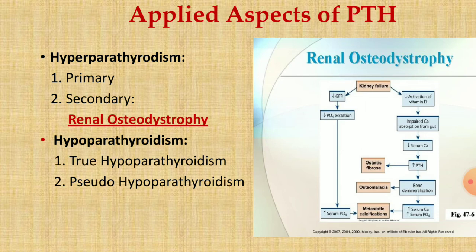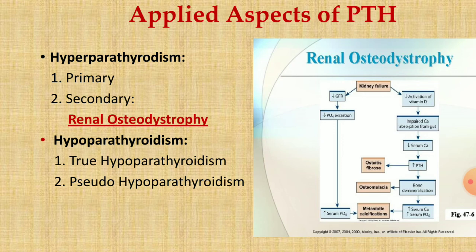hypoparathyroidism is a condition where the parathyroid hormone secretion is not actually reduced, but the problem remains at the level of the receptor. The hormone released normally cannot exert its action at the level of the receptor.